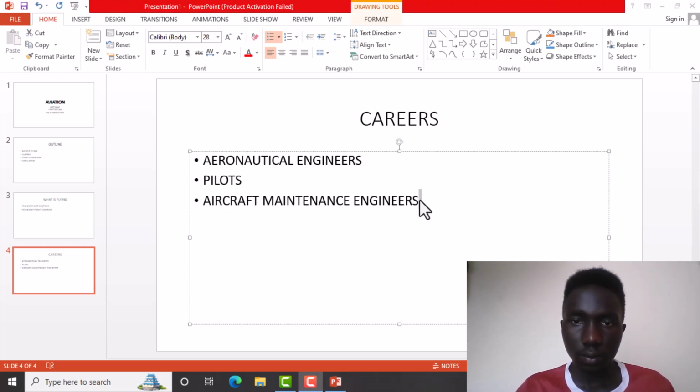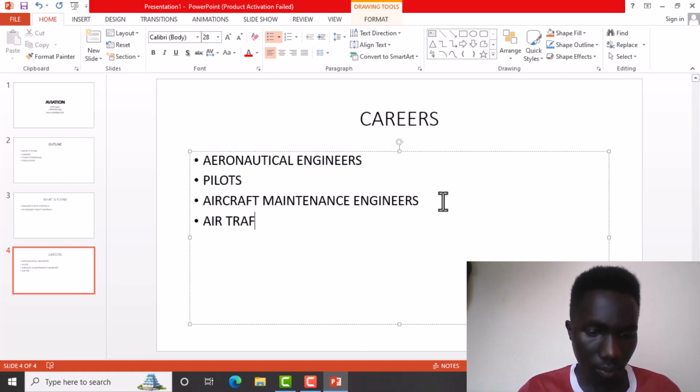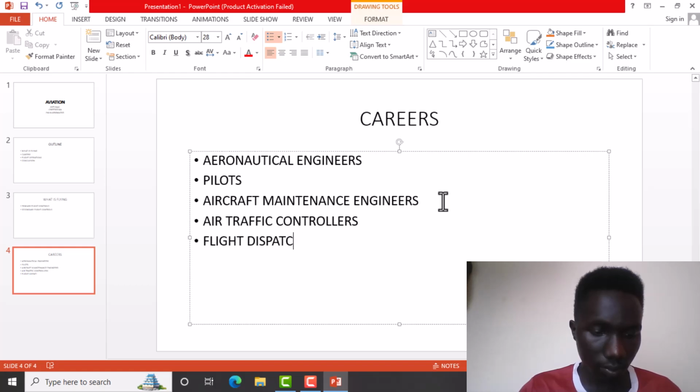We have the maintenance engineers, and we're going to have the air traffic controllers, and we're going to have the flight dispatchers.